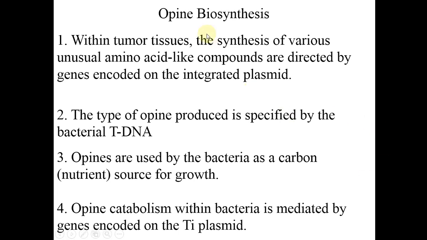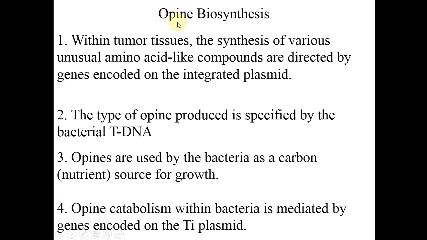Now what are opines? Within this tumor tissues, the synthesis of unusual amino acids directed by the genes encoded on integrated plasmid. This Ti plasmid, which get transferred from Agrobacterium to the plant nucleus, it consists genes for unusual amino acids.